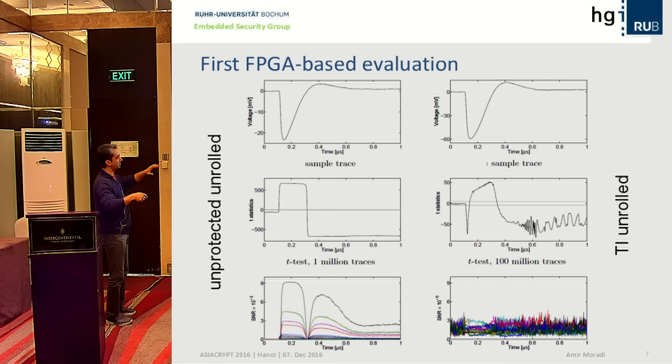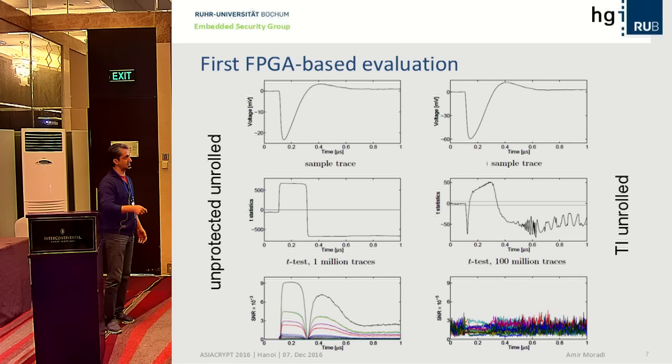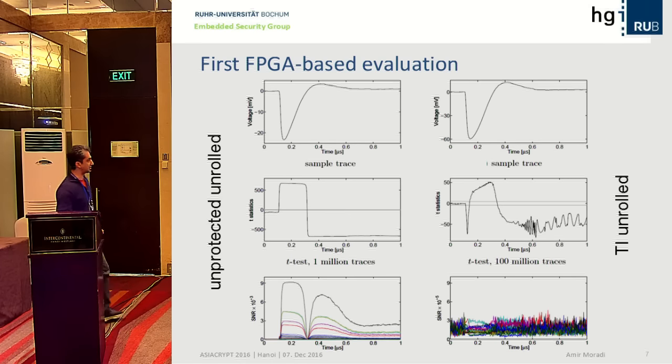With a random versus fixed t-test, we have performed it here with 1 million traces on one side, and the unrolled version with 100 million traces. And this is clear that it should leak. This is unprotected, and the other one still has leakage, which, as I said, is expected because only the first round and the last round are protected, and then the XOR that makes the value unshared again leaks.